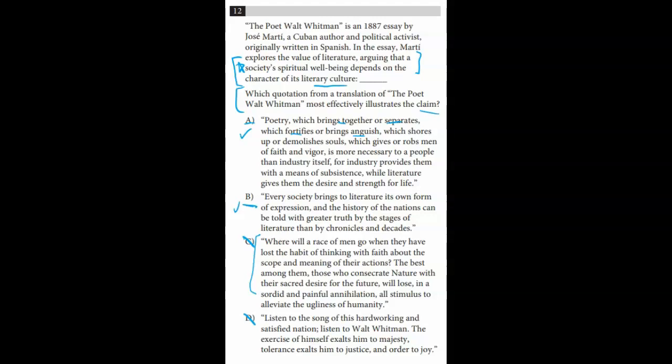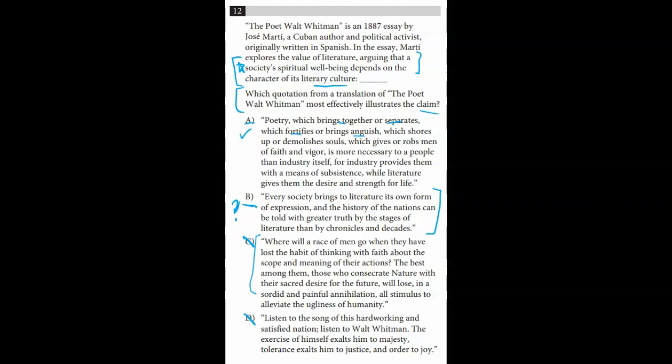So, what's the difference between A and B? Because we're looking for the best answer, not the right answer. Or the right answer is the best answer. So, every society brings to literature its own form of expression, and the history of nations can be told with greater truths by the stages of literature. But this one I question because it doesn't really mention spirituality.